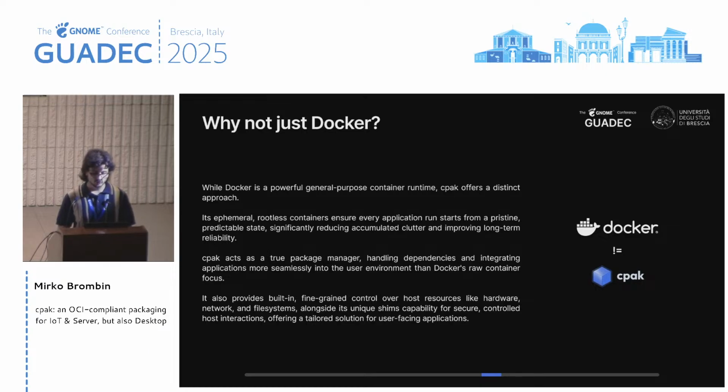This is something you can't do with Docker, unless you have an orchestrator to connect all those Docker images, those containers. Since cpak acts as a true package manager and handles all the dependencies, it also has the ability to integrate them in the system.